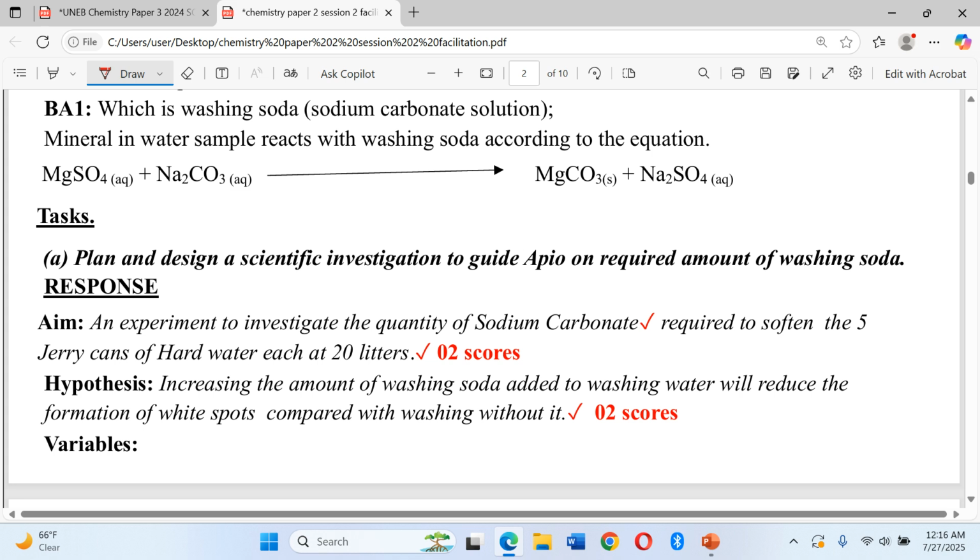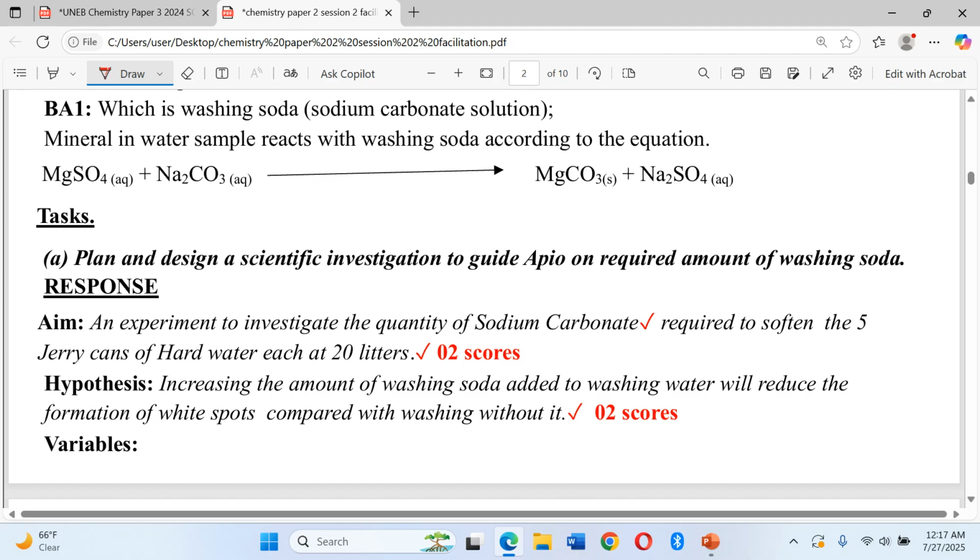Then, hypothesis. Increasing the amount of washing soda added to water will reduce the formation of white spots compared with washing without it. In this hypothesis, we expect this because we know that washing soda is one of the chemicals that we can use to remove water hardness.